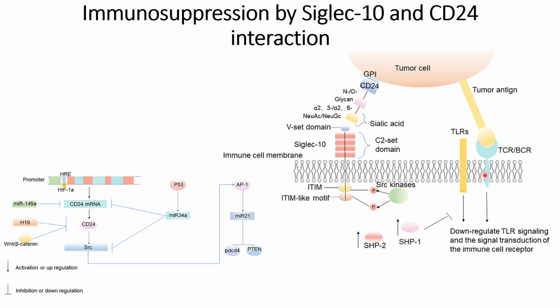So T cell receptors and B cell receptors function gets downregulated whenever these ITIM phosphorylation signaling pathways get activated. Because of downregulation of these T cell receptors, the cells will not be able to detect the tumor antigens.